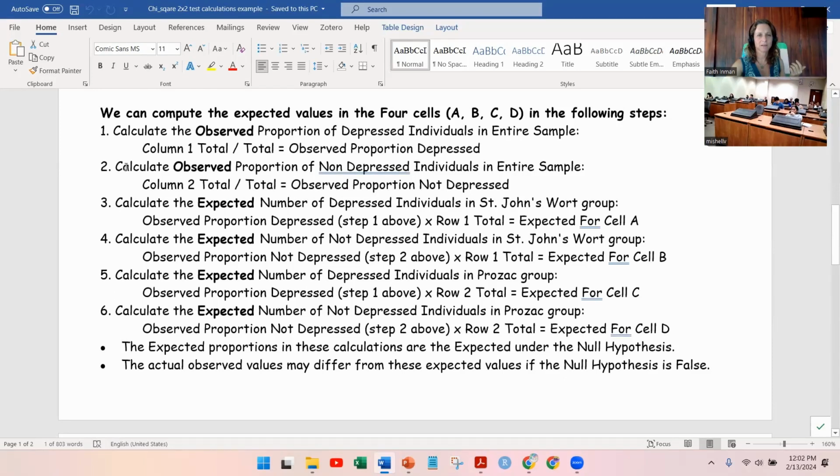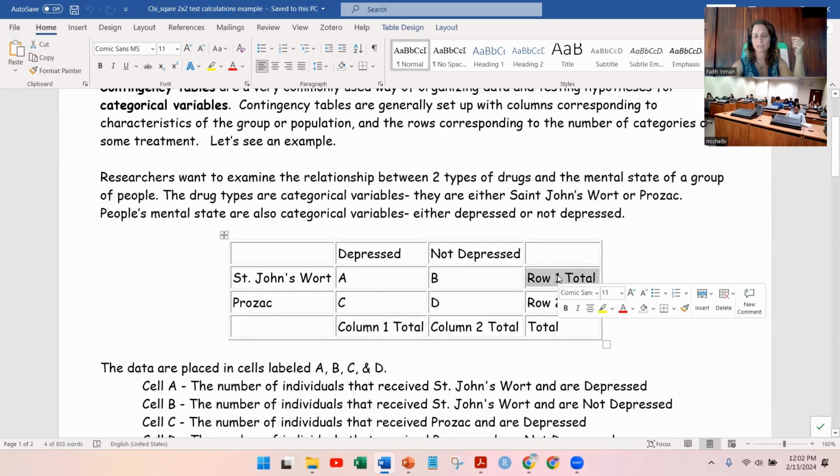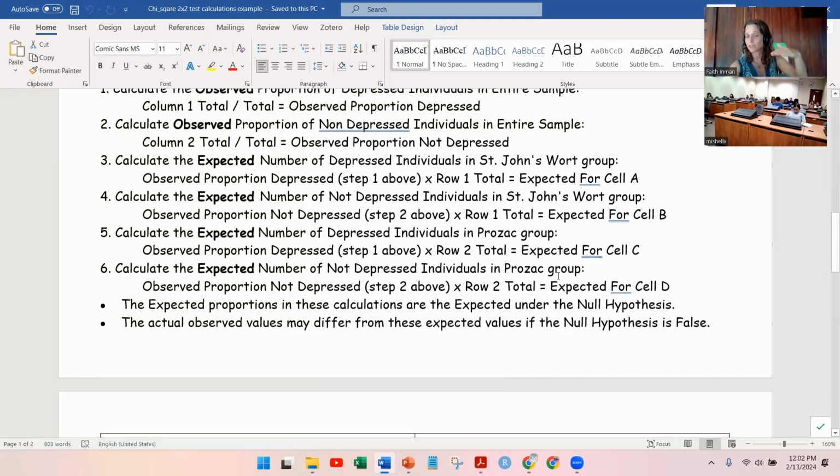And it's the same thing for not depressed. And then to get the expected proportion, you take the observed proportion of depressed from step 1 above, multiplied by row 1 total, whatever's here. So now you see it walks you through step by step.